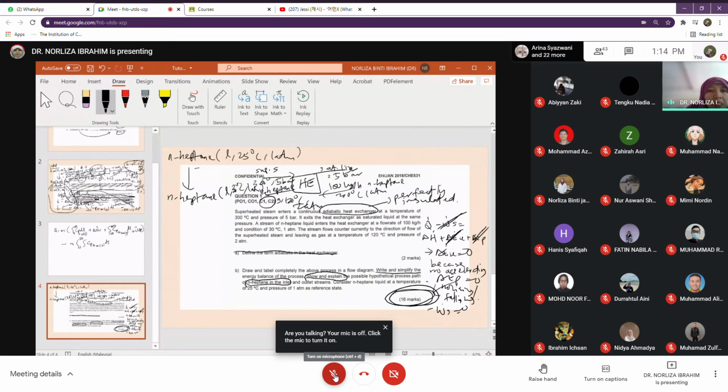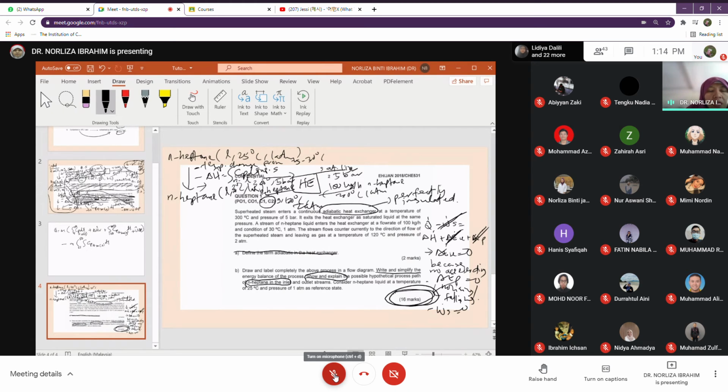So you should mention here this step is a temperature change from 25 to 30 degrees C. Next, your enthalpy is CpdT, Cp of N-heptane liquid.